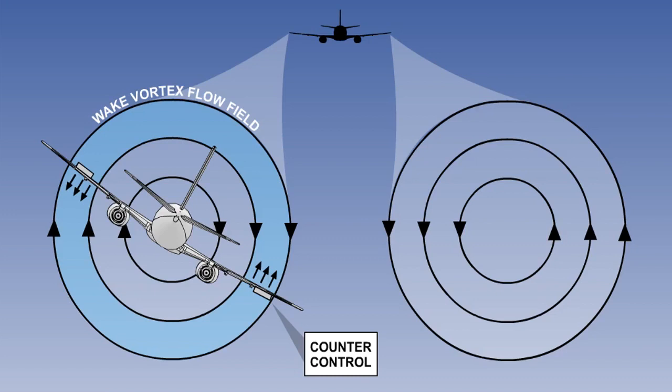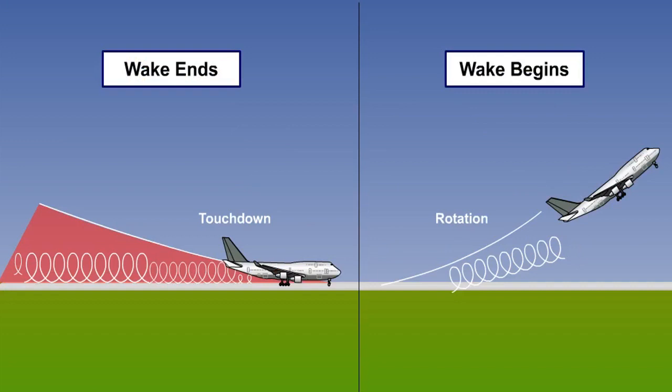The vortex patterns from an aircraft may be regarded as two counter-rotating cylindrical air masses trailing from the aircraft wingtips. In an aeroplane with a symmetrical or near-symmetrical aerofoil, such as an airliner, wake vortex generation begins when the nose wheel lifts off the runway on takeoff and ceases when the nose wheel touches down again.